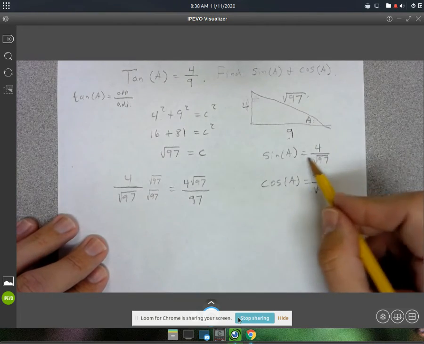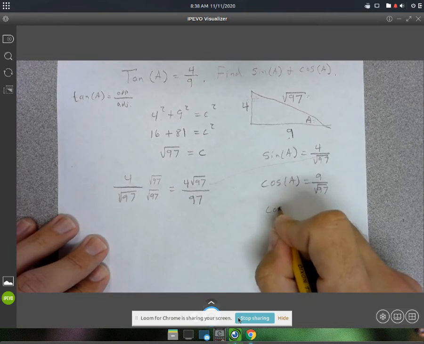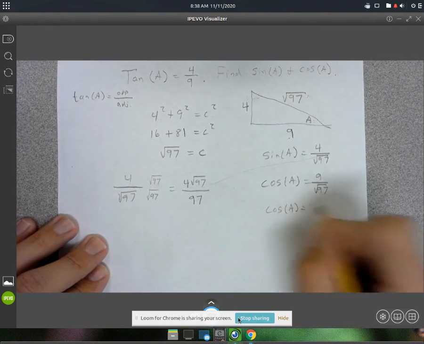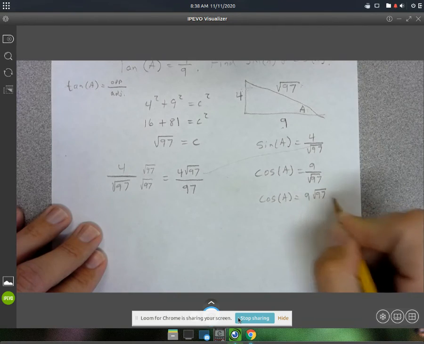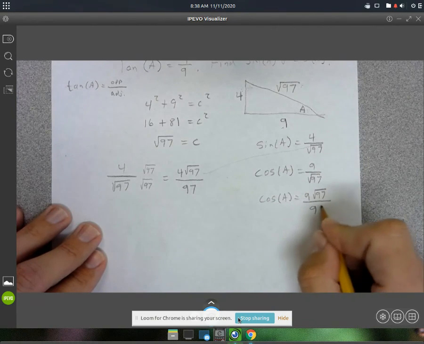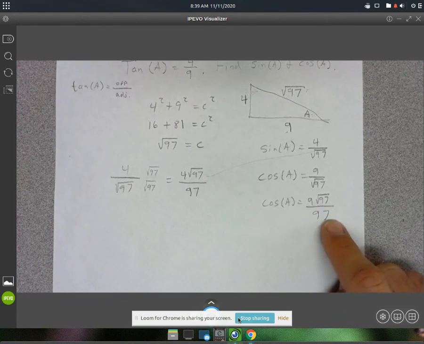All right, so that's equal to your sine. Cosine works the same way. It's just going to be 9 root 97 over 97. All right, and now it's rationalized.